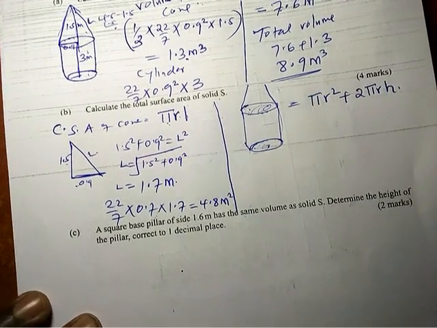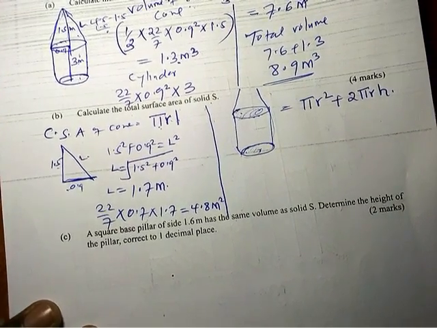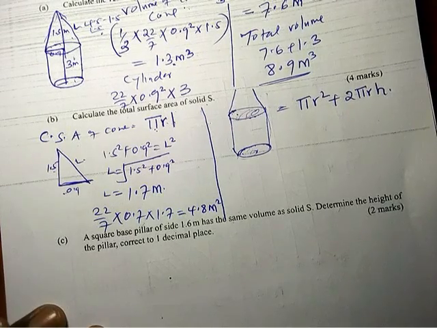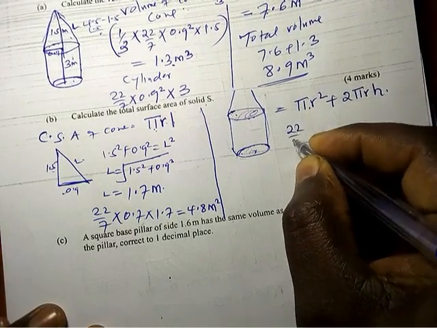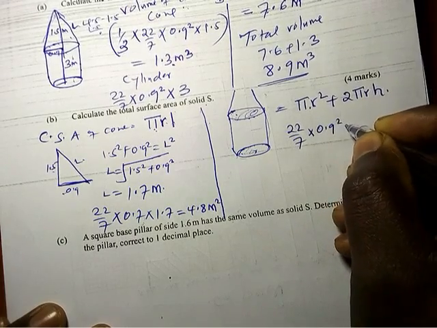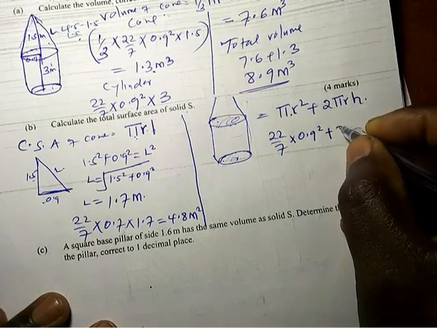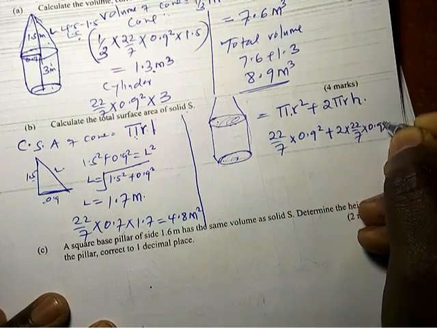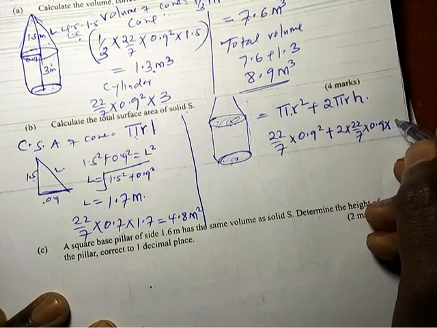That is the curved surface area of a cylinder. Now this one will be 22/7 times radius 0.9 square, plus 2 times 22/7 times 0.9 times the height of this one, which was 3.